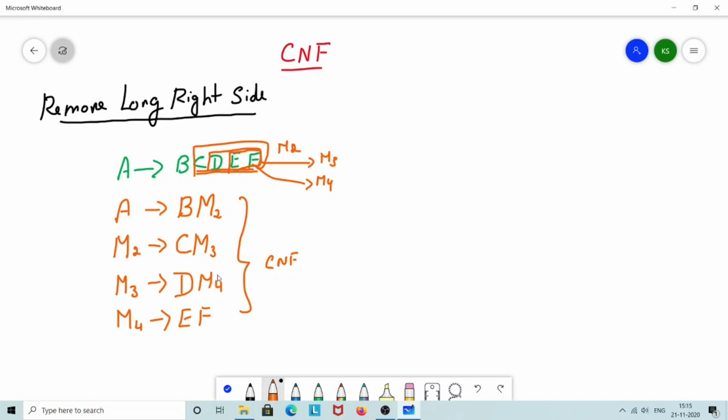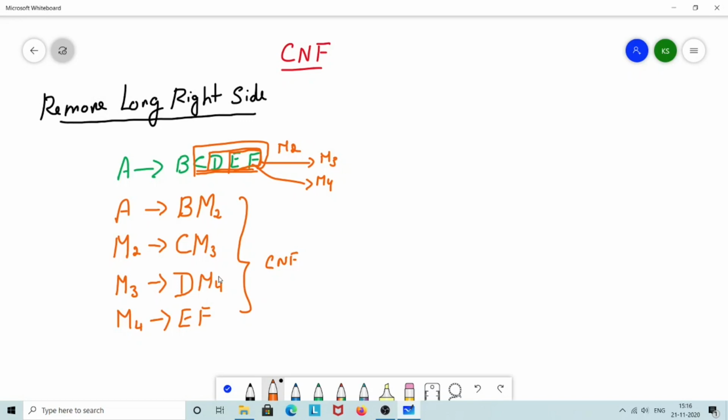So these are the various algorithms or steps that need to be done to convert a given context-free grammar into Chomsky's normal form. Of course, we did not take a single example for all these four.